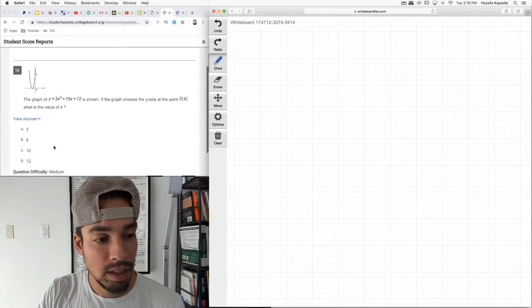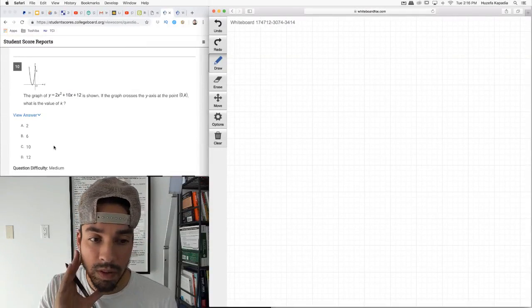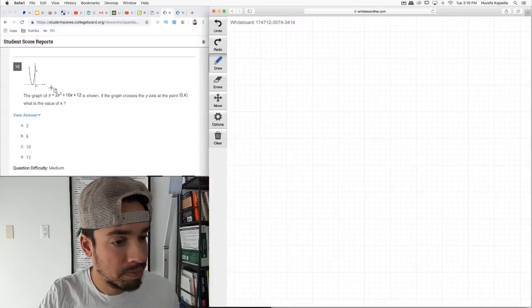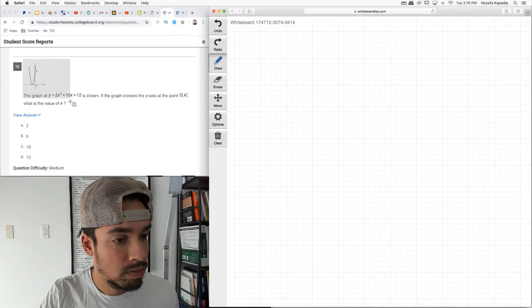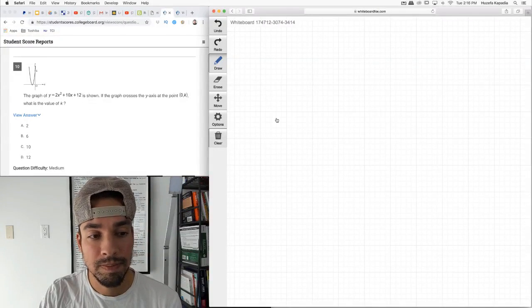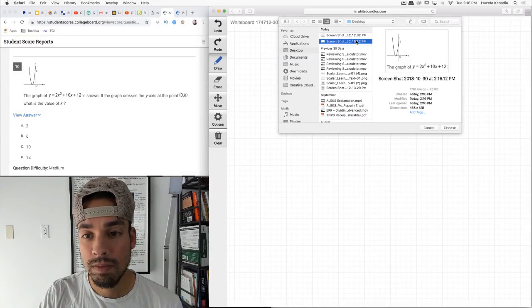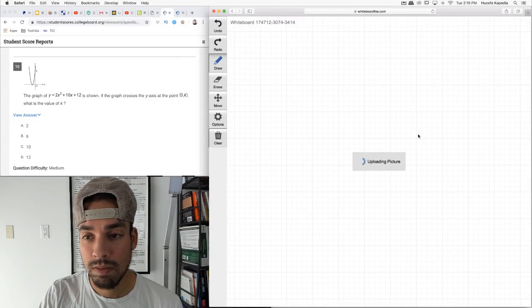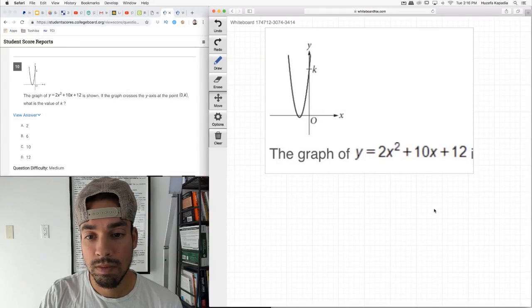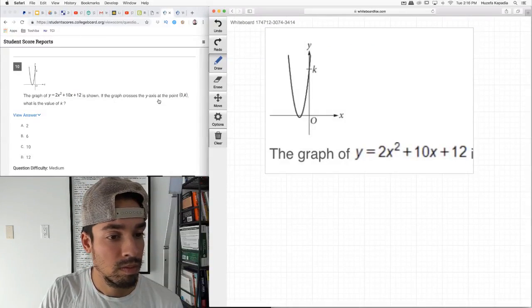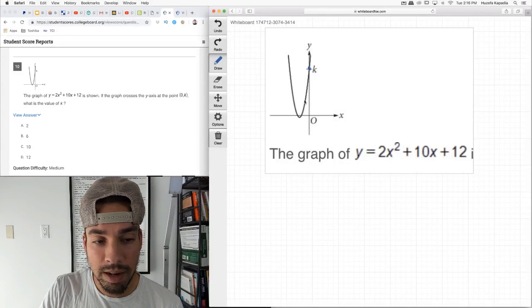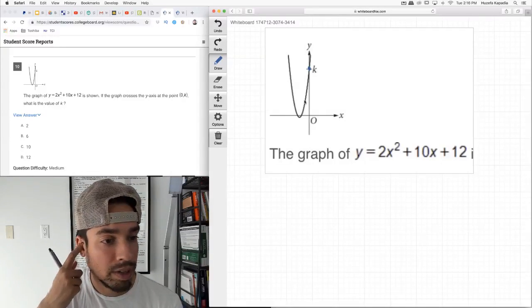Next, the graph of this is shown. The graph crosses the point 0, k. Let's take a picture here. So this is 0, k. What is the value of k?